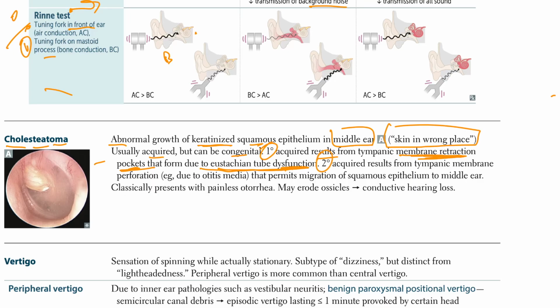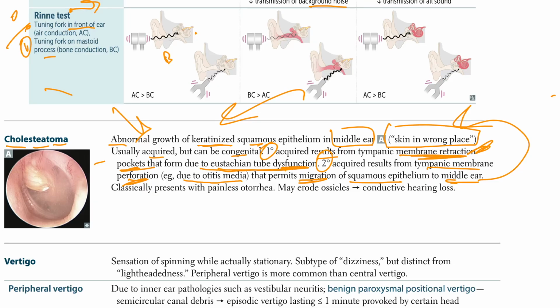Secondary acquired results from tympanic membrane perforation. So retraction, perforation, two things. It is, for example, due to otitis media that permits the migration. When you perforate it, it's an open area, so the squamous epithelium migrates to the middle ear, causing skin in the wrong place, abnormal growth of keratinized squamous epithelium.